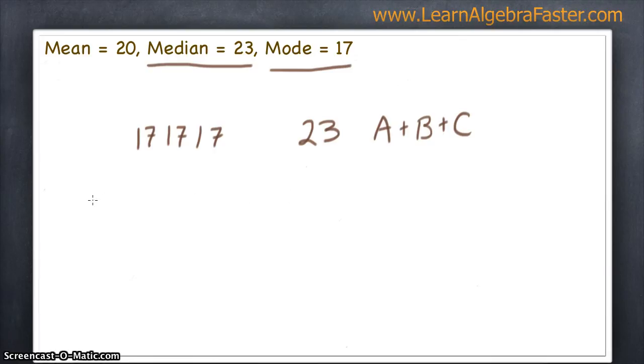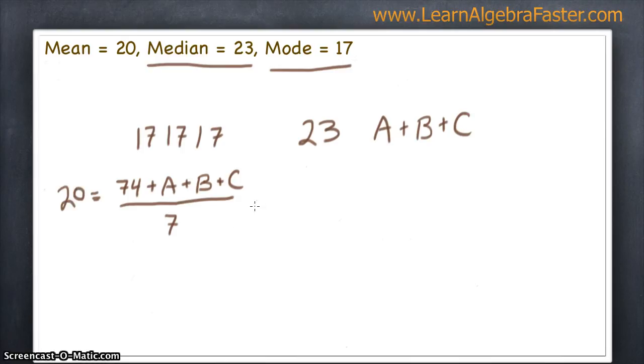We know that 17 plus 17 plus 17 plus 23 is 74. We will also need to add A, B, and C. There's a total of 7 numbers, and when we divide that, our mean should be 20.